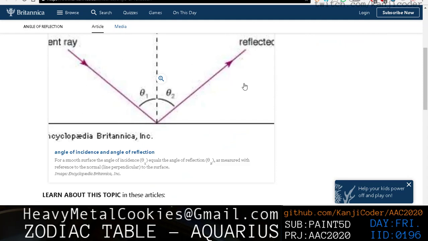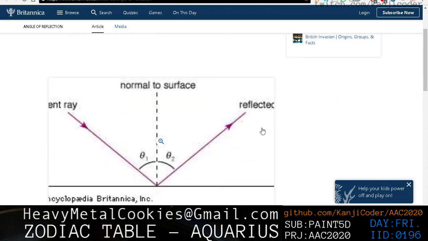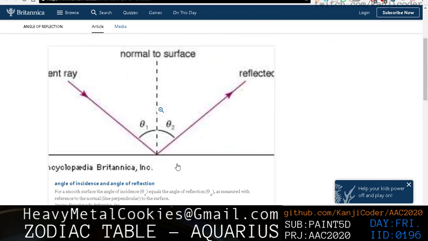So here's the ray, and there's the reflection. Theta 1 and theta 2 are equivalent to each other, I'm guessing. The angle relative to the surface normal is always the same, with the incident and the reflection, right?